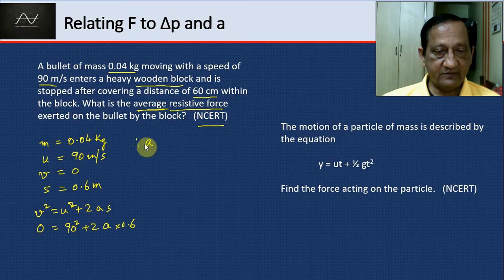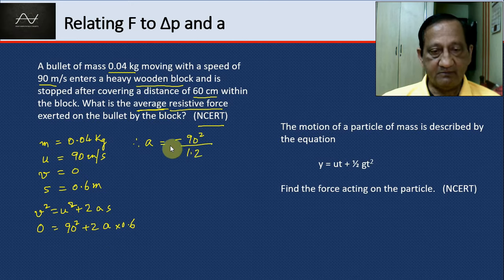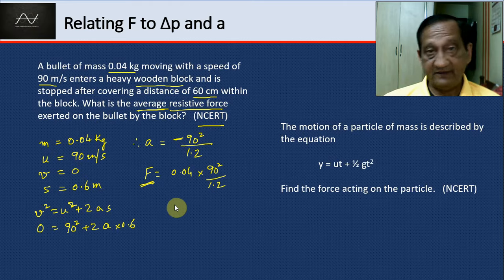Therefore, a is equal to minus 90 squared divided by 2 into 0.6. Minus means it's a retardation, and therefore the force is equal to mass into acceleration. I have dropped the negative sign, implying that this force is negative and it is a resistive force.